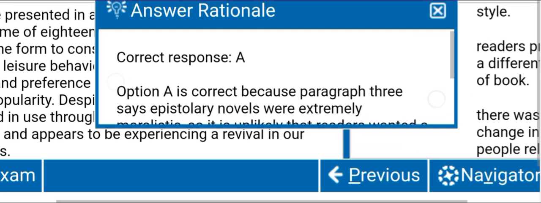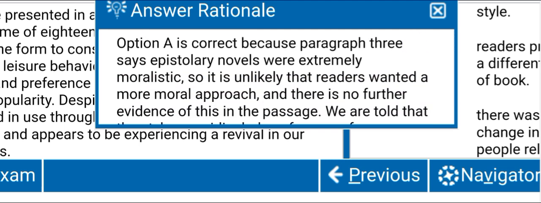You can now see which one is the correct option. Option A is correct because paragraph 3 says epistolary novels were extremely moralistic.